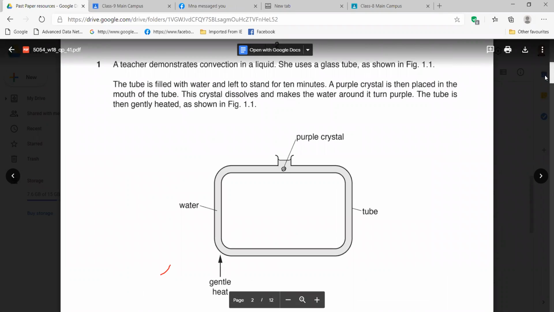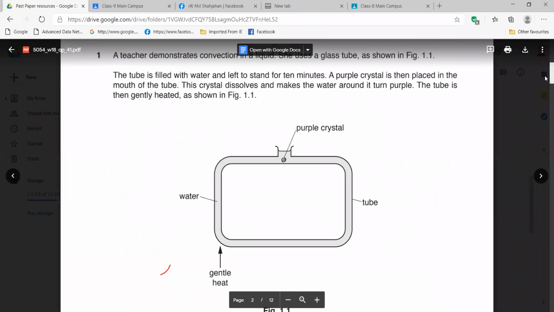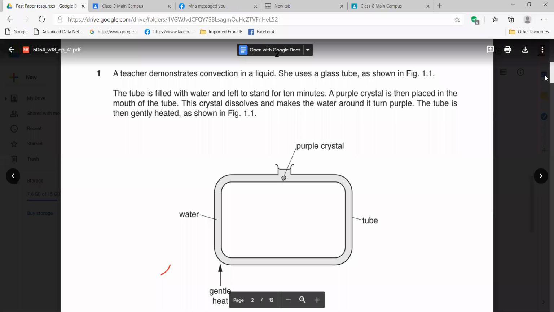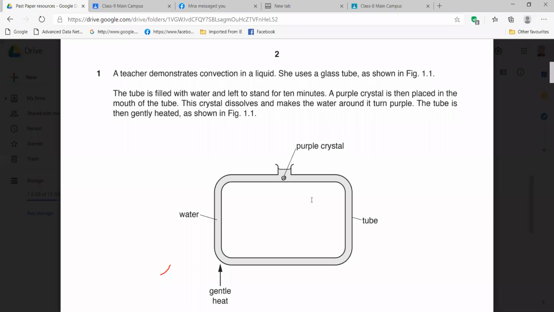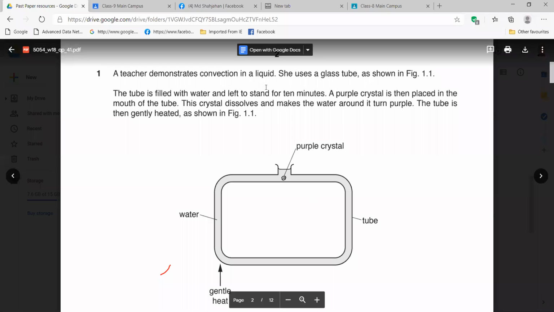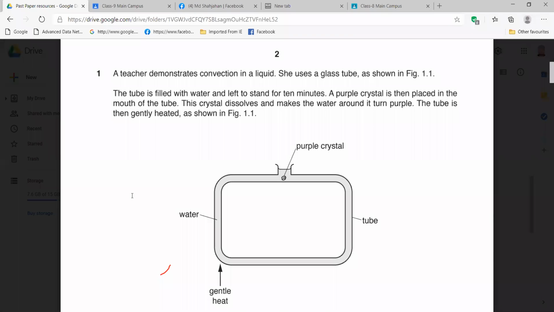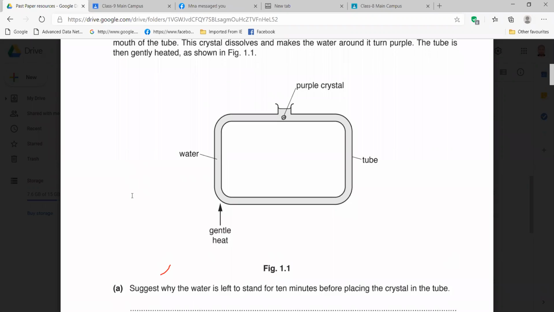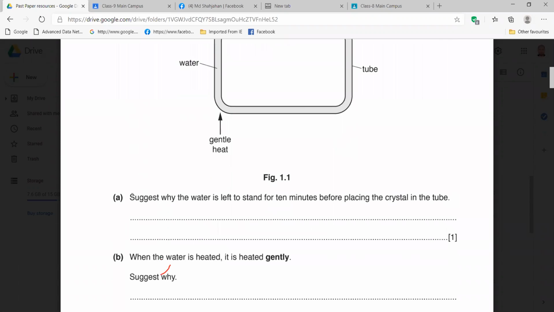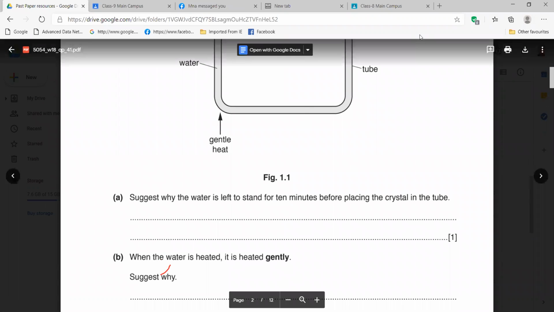This one is related to your thermal physics, right? You see, they are saying convection in a liquid. This one also we did before the exams, in the revision week, revision class.